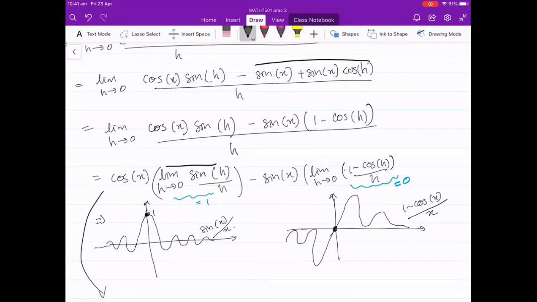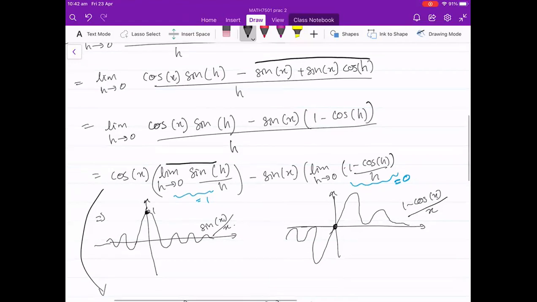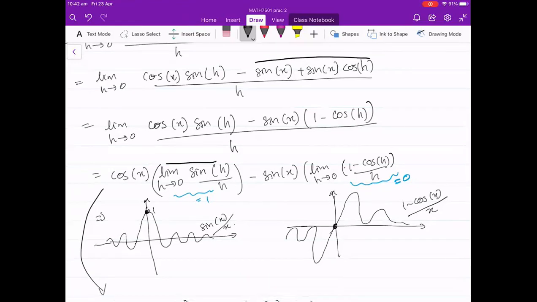Okay. I've drawn a graph which I plotted in Mathematica. You can use the plot function to visualize this. And we see that as x tends, like in this case, or you can replace this by h.